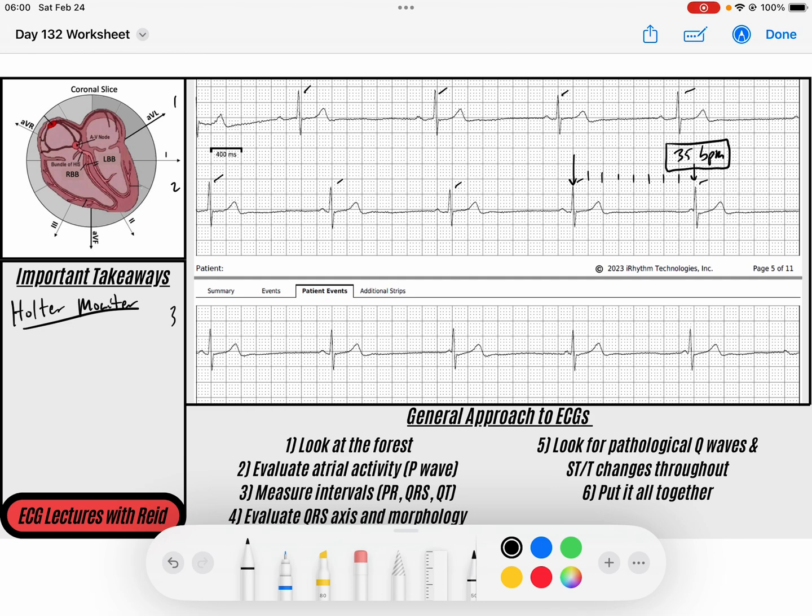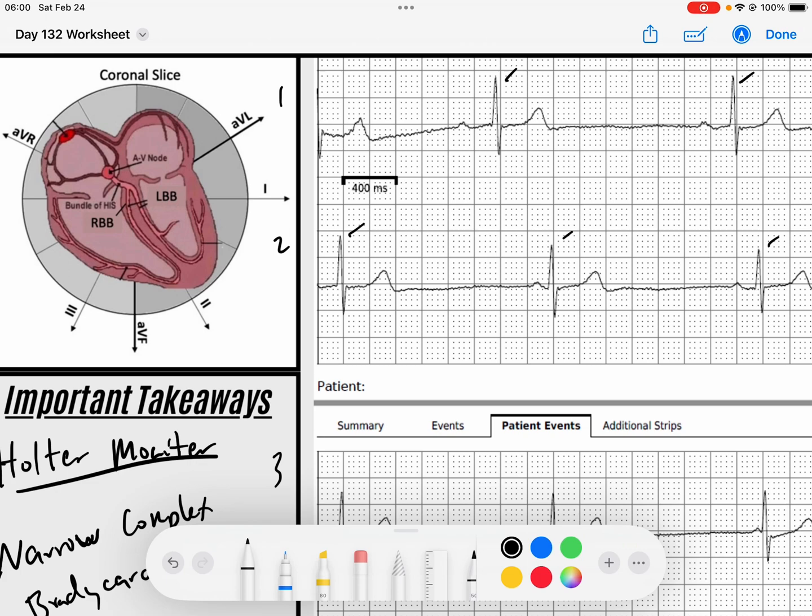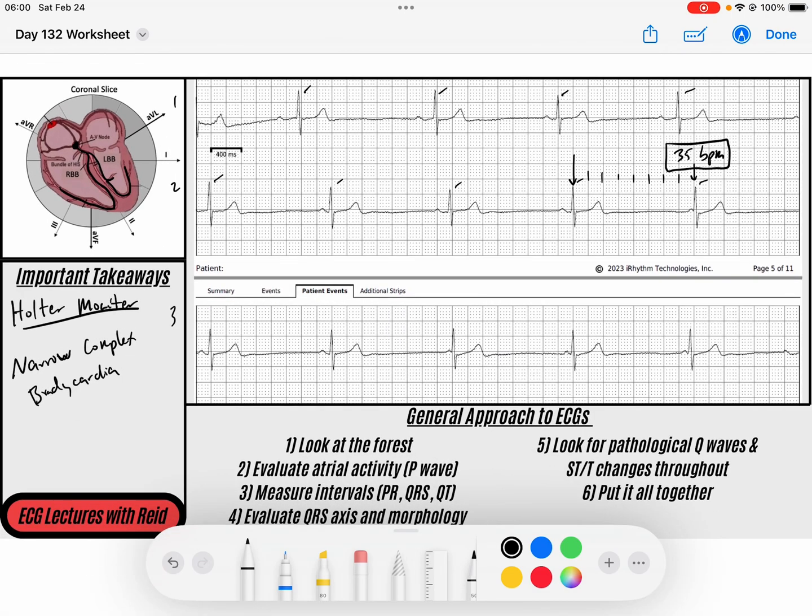And so with a narrow complex bradycardia, what's our differential when we think through this? Well, we know that narrow complex means that the AV node is the region that's passing that signal down through the His-Purkinje system, through that rapid conducting system, creating our narrow QRS.